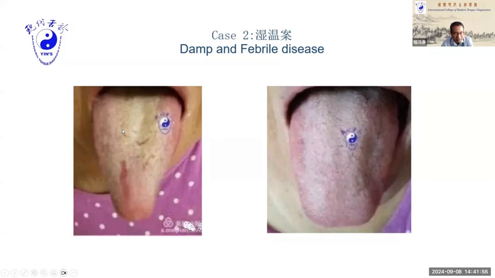Her daughter is my friend and sent me a message through WeChat, asking whether her mom should get the lung biopsy. I said, just send a tongue picture to me. Then she sent the tongue picture, and I made an analysis of this picture. Let's see.